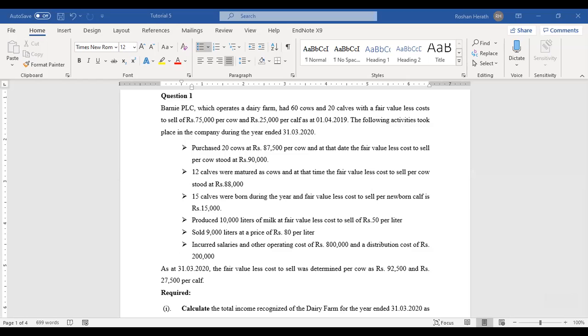I think you're asking what happens to the land preparing cost. Right, you're asking about the land preparing cost, no? Sorry, I didn't get that question. I thought you were asking about the agricultural land. No, land preparing cost, it's an expense with regard to the consumable plant. It's an expense because the requirement is that you need to measure them at fair value less cost to sell.